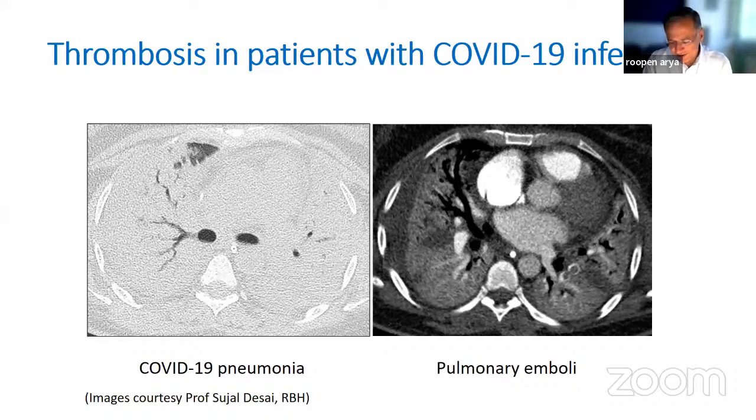Again, this picture, I'm sure, is very familiar to many of you. It's a classic COVID lung. And really, thinking back to April and May 2020, we were seeing 3 times as many cases of pulmonary emboli as we would usually see at King's.